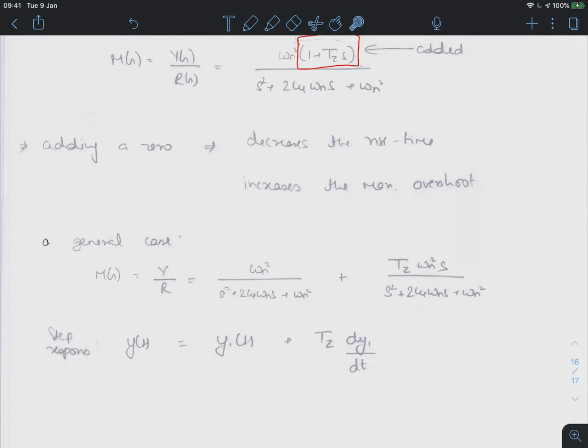With the response becoming faster, meaning it tries to achieve the steady state value as fast as possible, it could lead to an increase in the maximum overshoot. So because of the inclusion of this derivative in the overall response of the system, you see these two behaviors, the decrease in the rise time and the increase in the maximum overshoot.